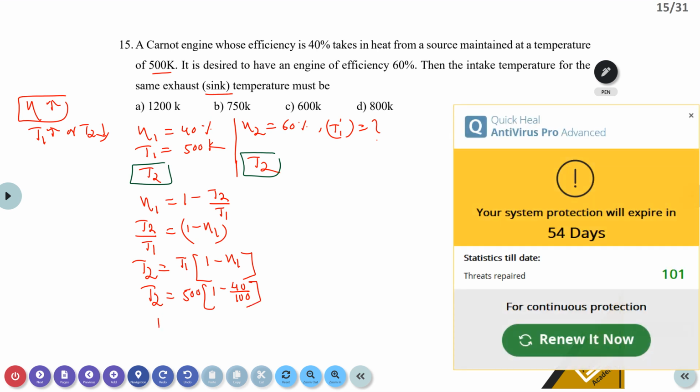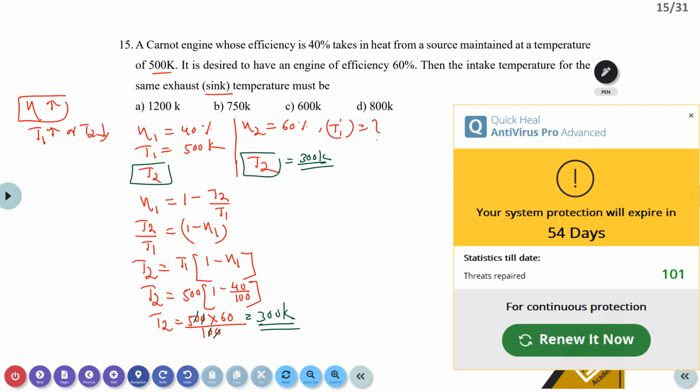That is, T2 equals 500 into 60 divided by 100. Then this 0 gets cancelled here. This is equal to 300 Kelvin, the sink temperature. So here also it is 300 Kelvin only.